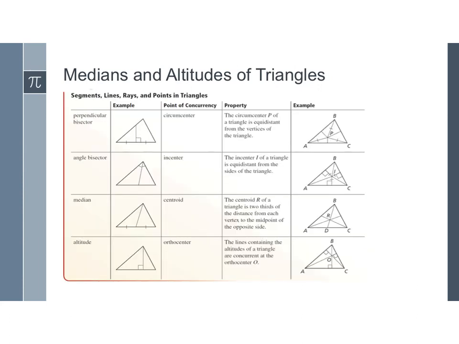All right, and this last slide here is for you. I would copy this into your notes like crazy, or print it out and tape it. Notice that along the sides, I've given you every type of line that we've talked about within a triangle.